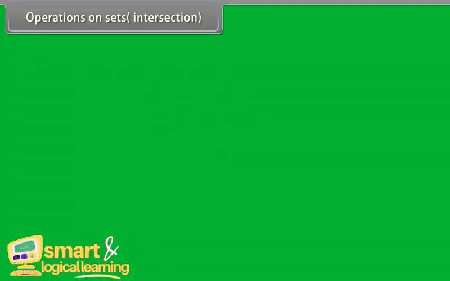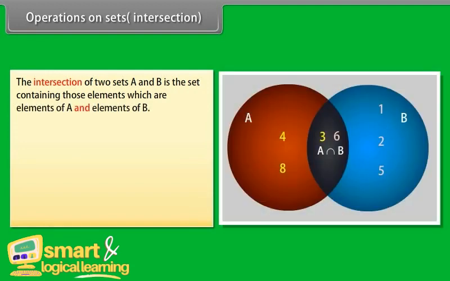Operations on sets, intersection. The intersection of two sets A and B is the set containing those elements which are elements of A and elements of B. We use this symbol for intersection.